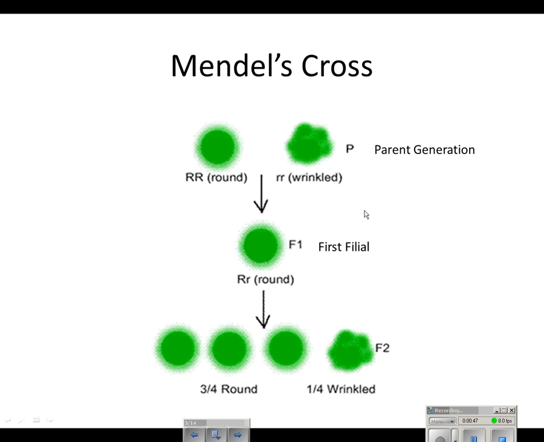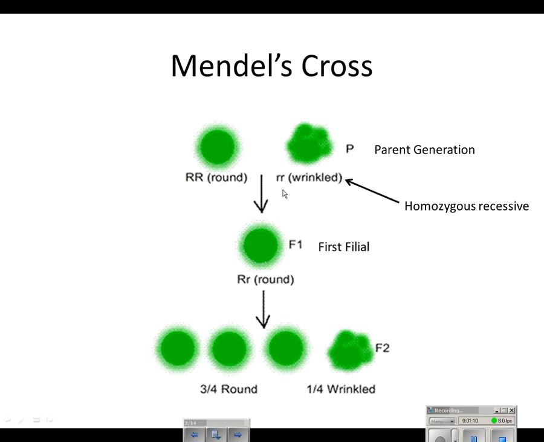When he crossed them, he ended up using a homozygous recessive, which is the wrinkled seed. Okay, so the homozygous means that the alleles are the same, and we're going to talk about that a little bit. And recessive being opposite of dominant, and we'll see that a little bit more later also.